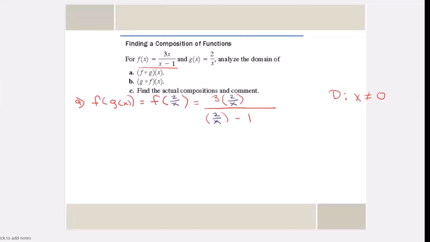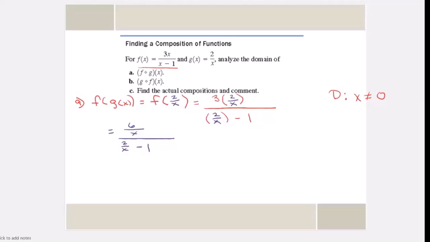Let's look at each one separate, okay? So if I start with, this is basically 6 over x over 2 over x minus 1. Well, let's look in the denominator. What's our least common denominator?